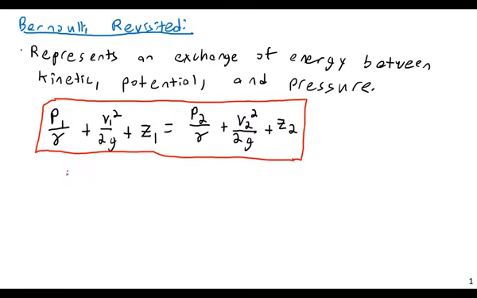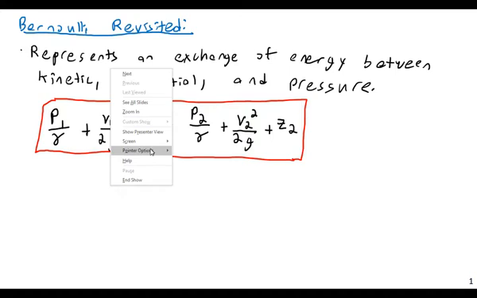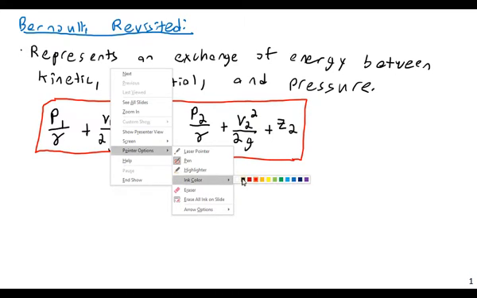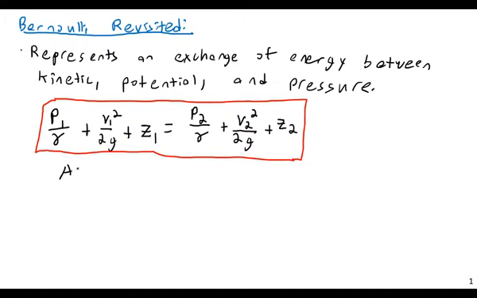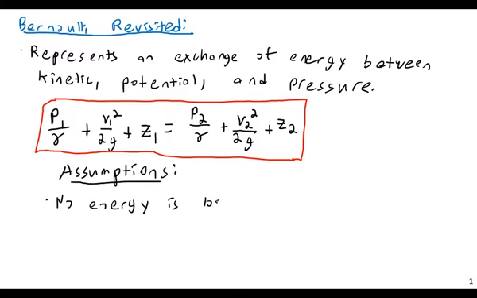Okay, and again, let's review the assumptions of Bernoulli. I don't necessarily need to write all of them out, but the important ones mainly are that no energy is lost, or gained, actually, as well.